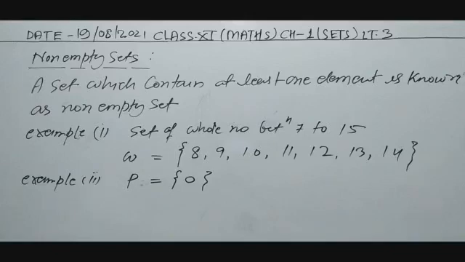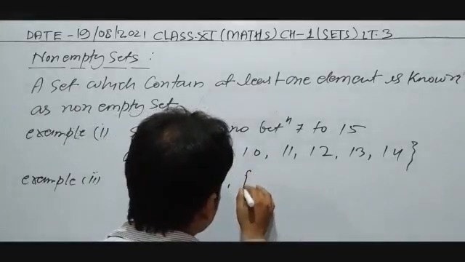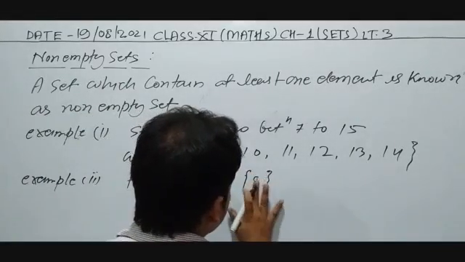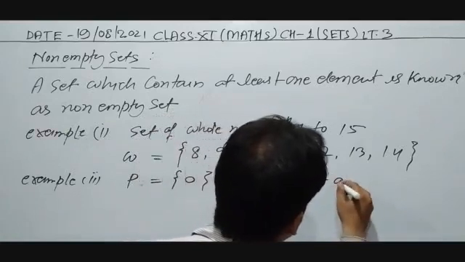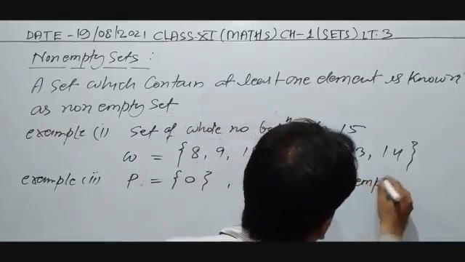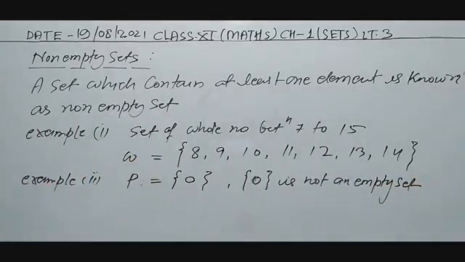Because in curly brackets 0 is not an empty set. Not empty means it is non-empty.